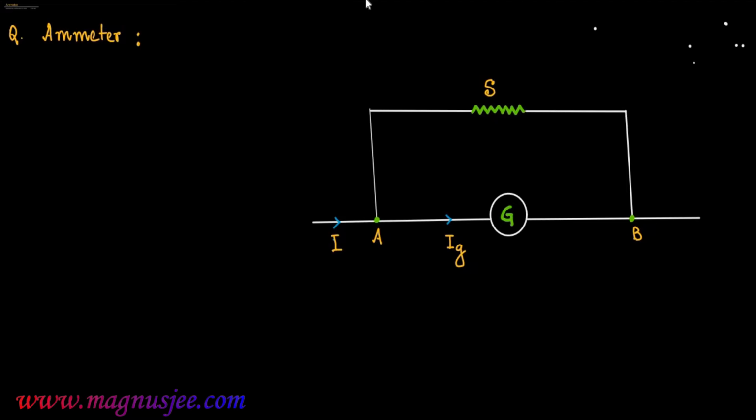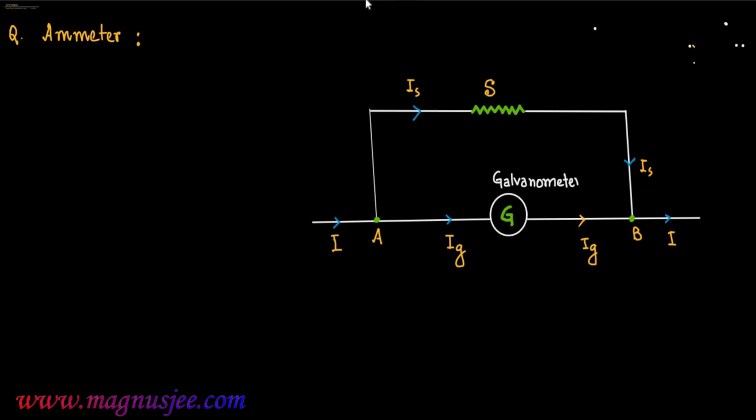A strong current, or main current I, is flowing, and it will be divided into two parts, Is and Ig. Is is the current flowing through the low resistance or shunt S, and Ig is the maximum permissible current which will flow through the galvanometer G. At the point B we get the same main current I.